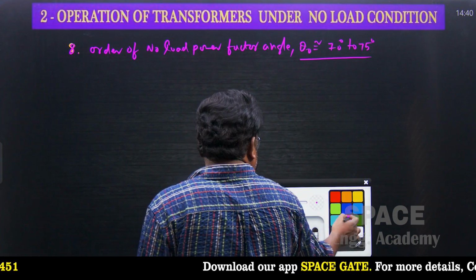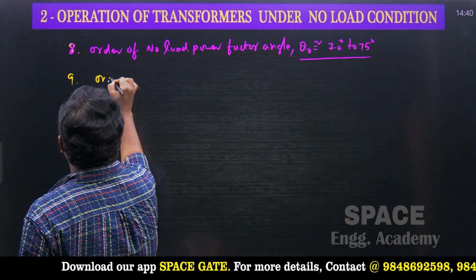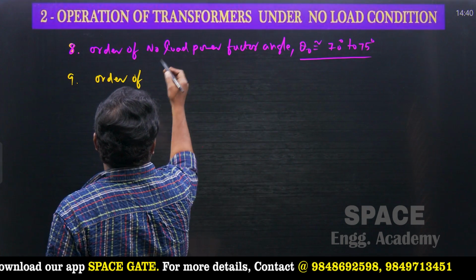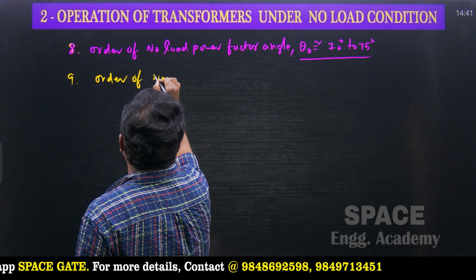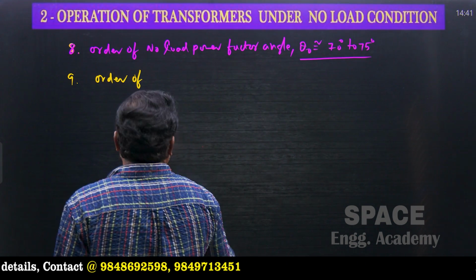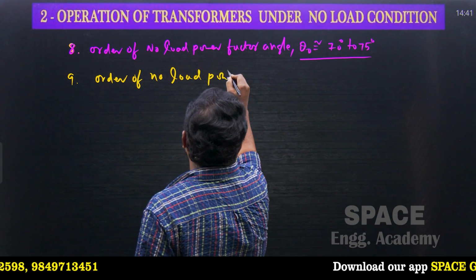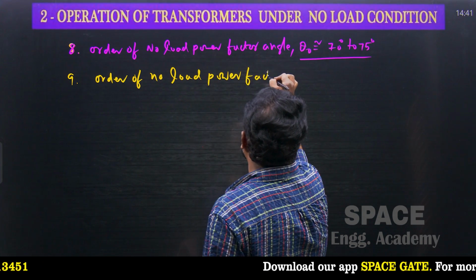And another one is the order of the no load power factor. It is denoted by cos theta naught.